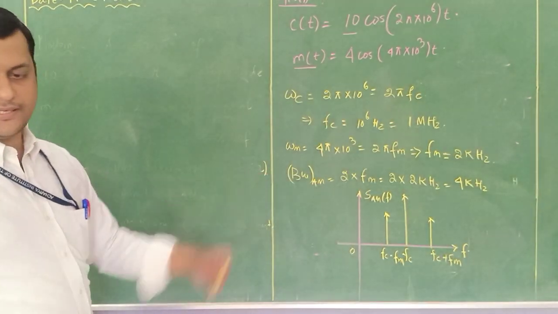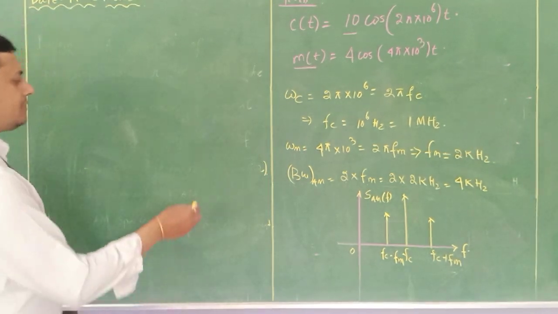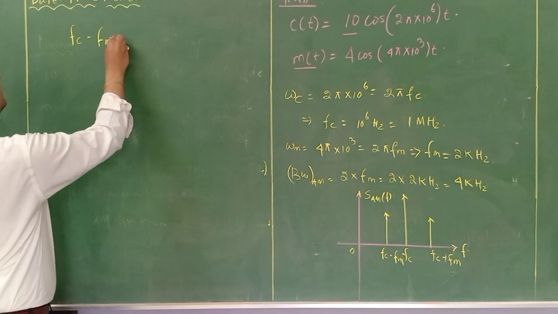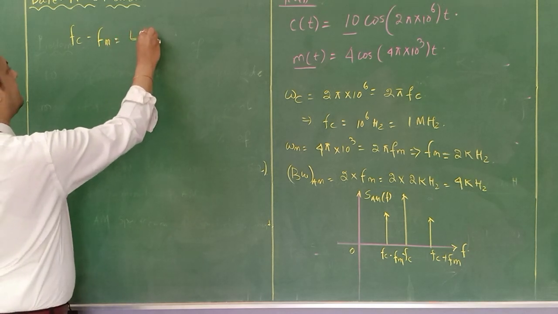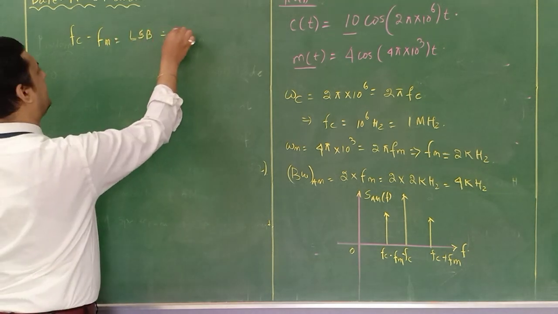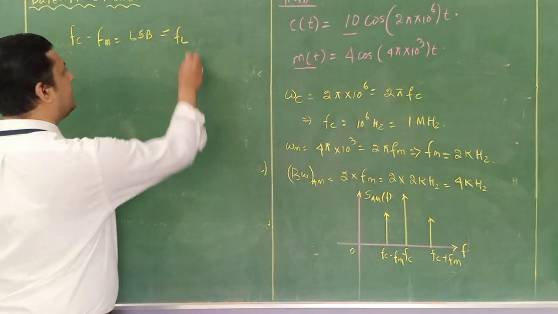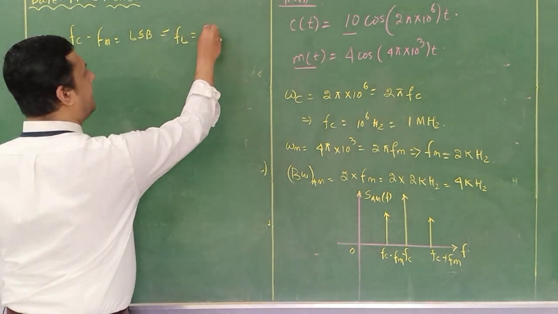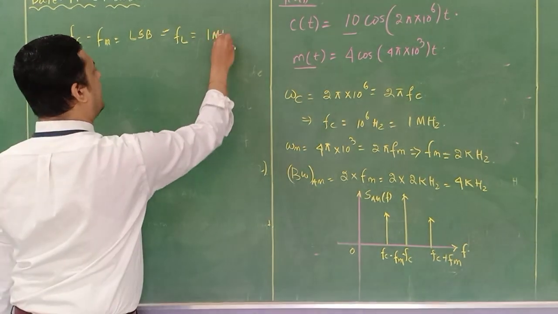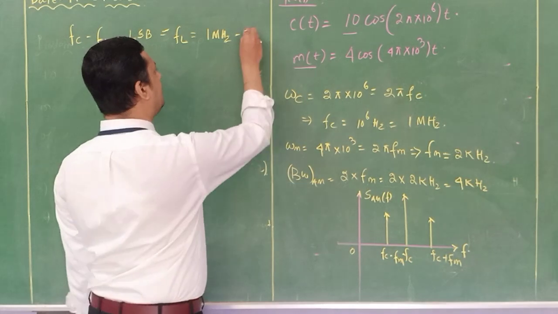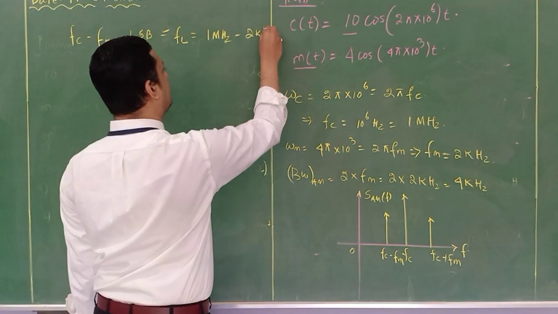Okay, simple way to represent it. So this is the spectral component. First is Fc minus Fm, that is called the lower sideband position, or you can say it is the lower frequency component. Now what is Fc? Fc is 1 MHz. And what is Fm? Fm is 2 kHz.